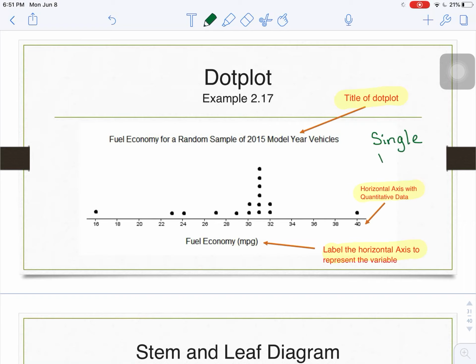One thing I want to point out, this is single value. I've had quite a few students try to put ranges, and that's not correct for a dot plot. You want to make sure that you're actually writing out specific discrete numbers for your dot plot.